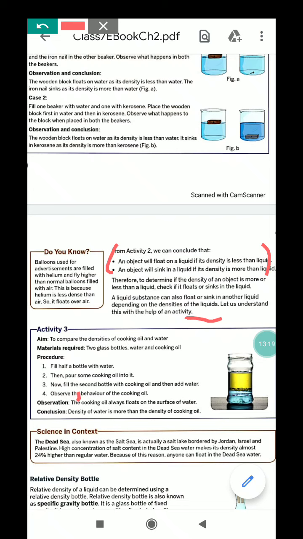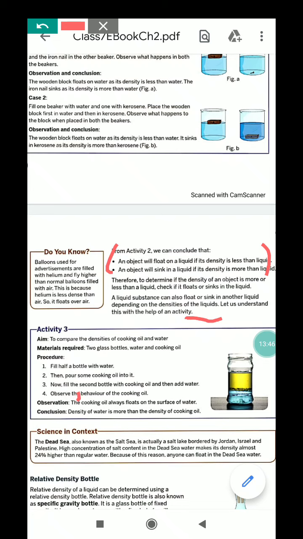If the object is floating, that means it has a density less than that liquid, and if it sinks, then we may conclude that the object is more dense than that liquid.